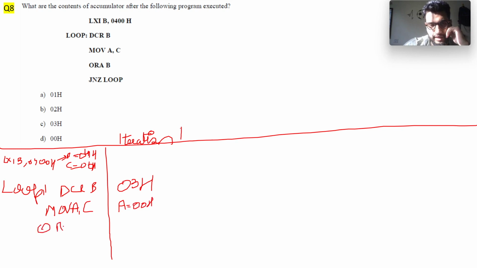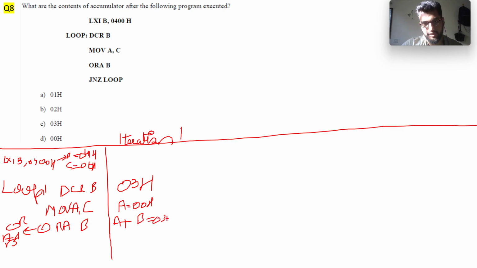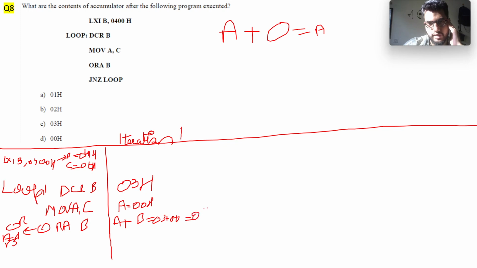Then ORA B, an OR operation between A and register B. So 03 OR with 00. In an OR operation, A OR with 0 is always A, so it should be 03. Now jump on non-zero. Since the result is non-zero, 03 hex, it goes back to the loop.